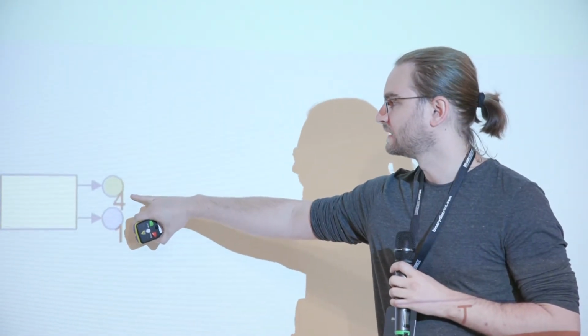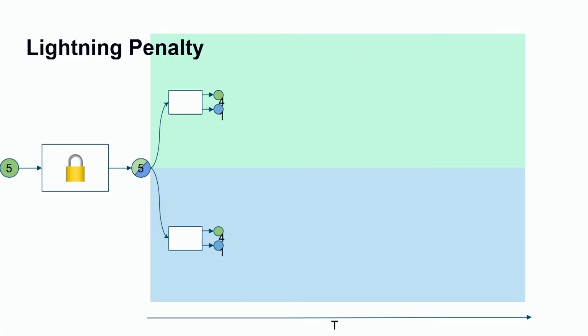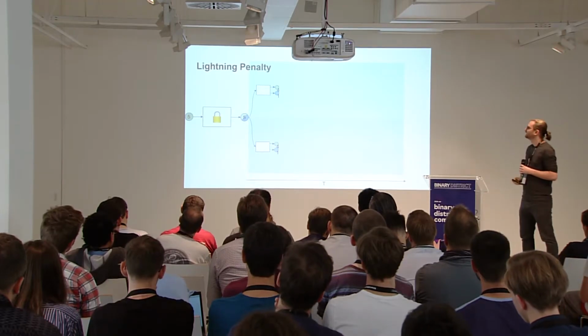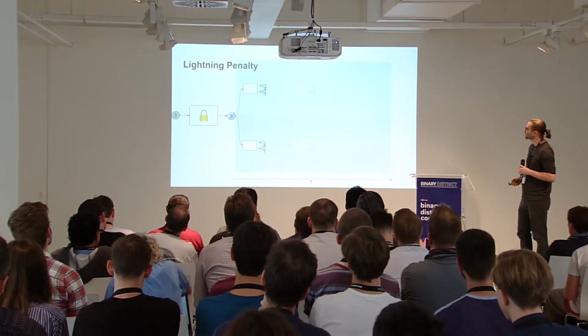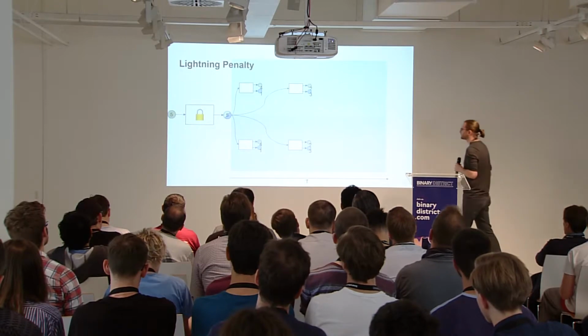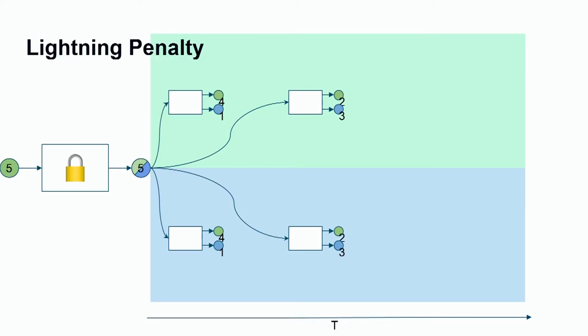What we do then is create two identical transactions, both splitting the amounts into 4 and 1. And notice that this is the output that goes to the blue node itself, and the green output on the top is the output that goes to the green node itself. Okay, still easy. Now we want to update this, and we want to change this into a different split, namely 2 and 3.